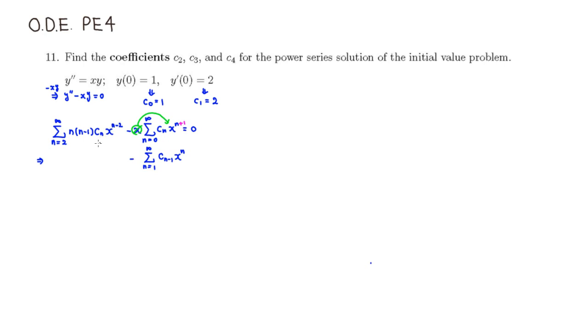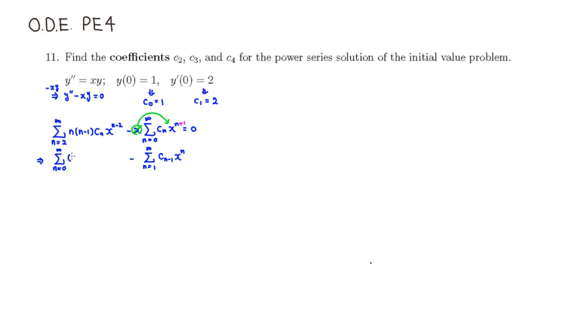We're going to do the same thing here, a little bit the other way around. I want to have the nth power here. So instead of starting from 2, I'm going to start from 0. Since I decrease the starting number by 2, I have to increase the indices by 2.